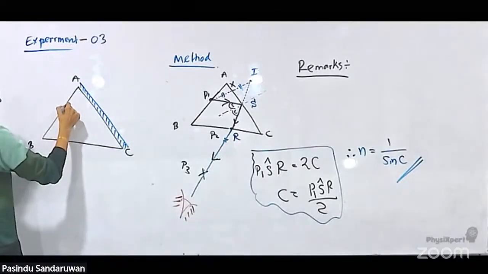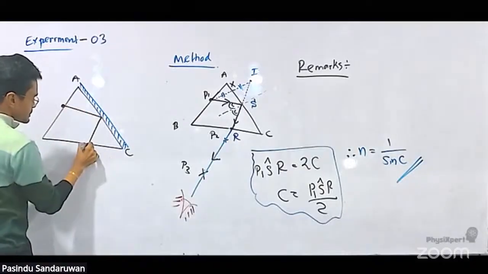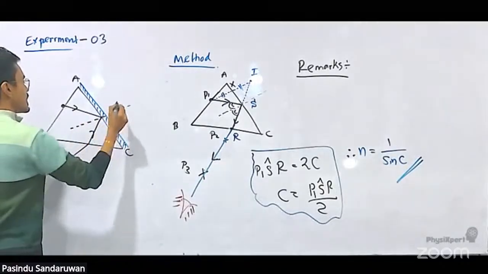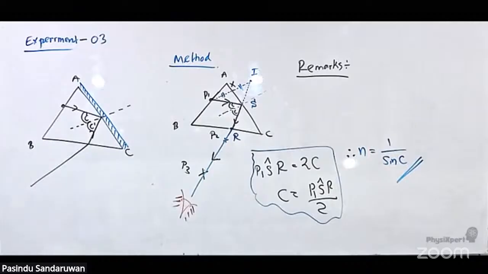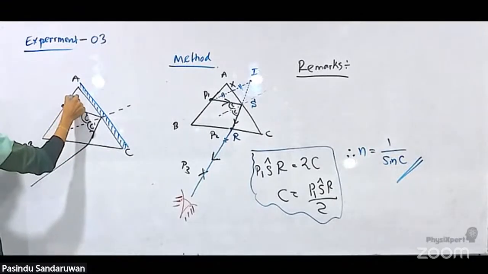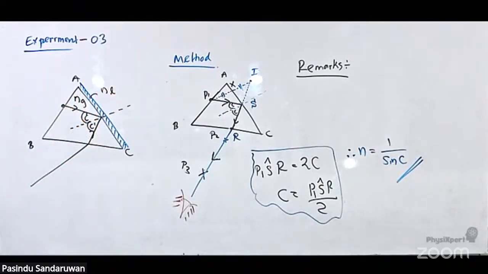Repeat the same. Then you will get this ray again, like this, and say this new critical angle you got is C dash. Now, if you apply Snell's law, this is what happens. Say this is N glass, and this is N of the liquid, NL.